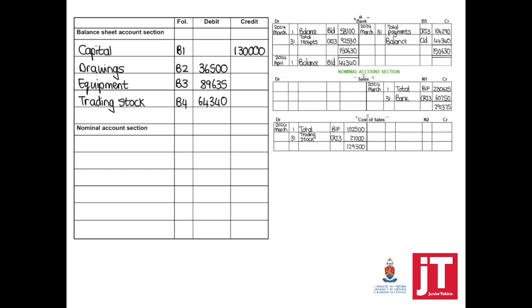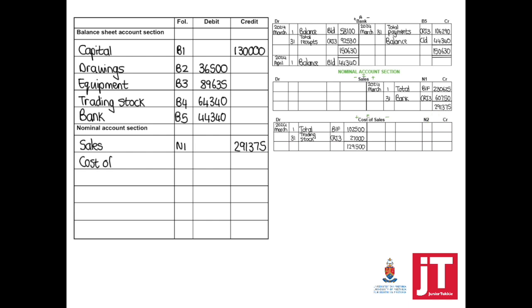Then we've got bank. Bank still has a balance on the debit side. This is account number B5. Moving to the nominal account section, so we don't add anything now in the trial balance. We're going to list everything that's now in the nominal account section, starting with sales, account number N1, my new total.